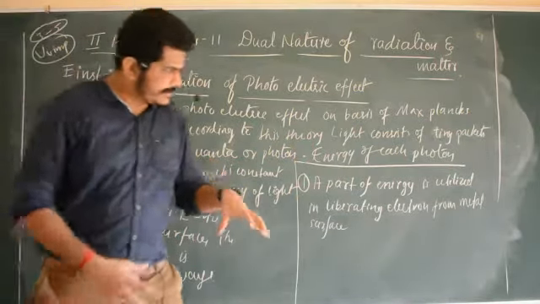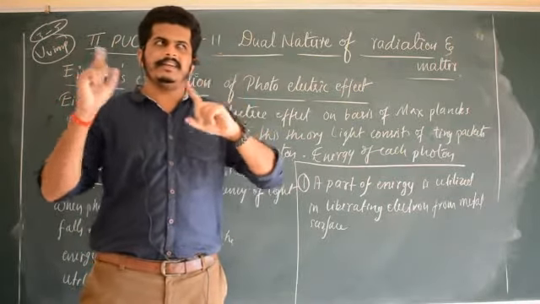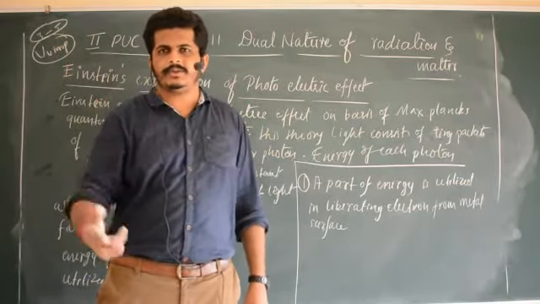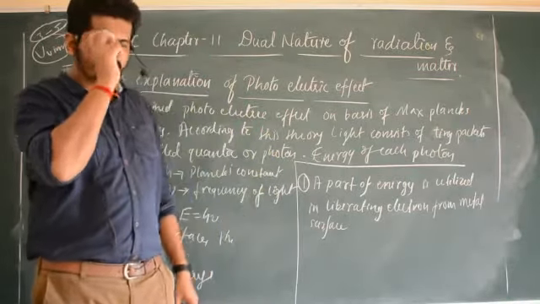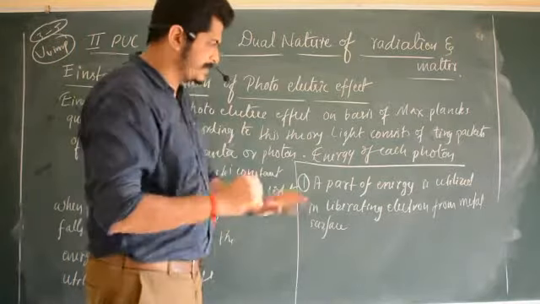So this energy is equivalent to what? In Hallwachs and Lenard's experiment, the minimum energy required to make the electron jump out, or get ejected, from the metal surface is called which one? Work function, correct? Yes, here also it is the same.